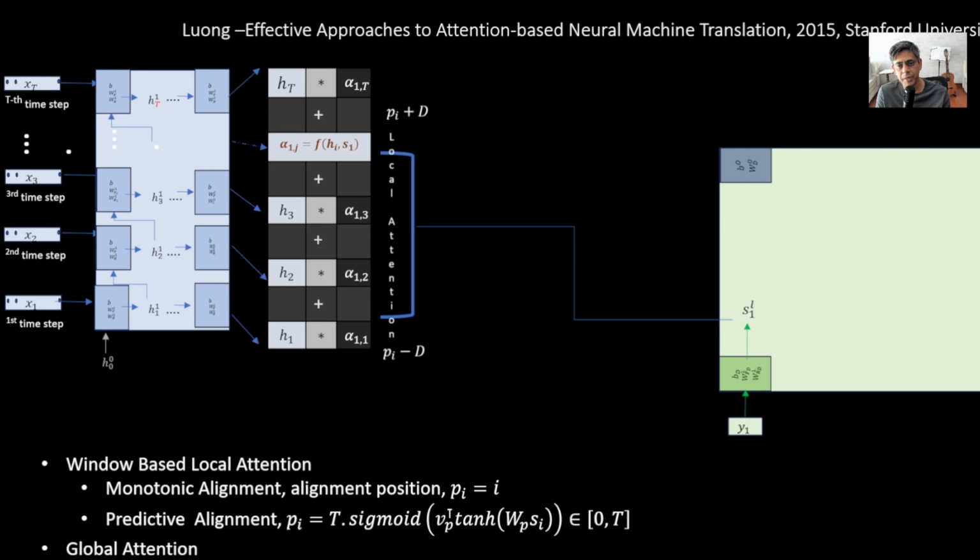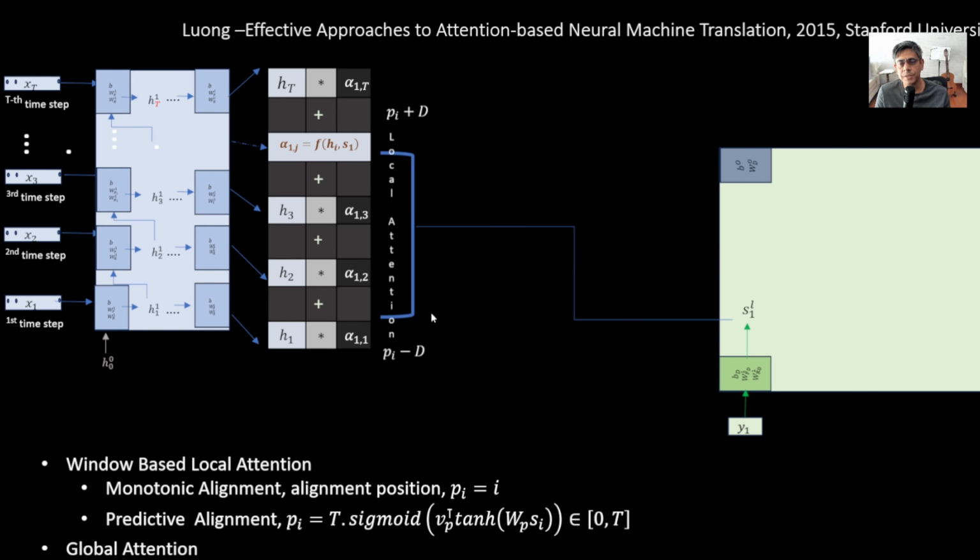Most relevant will possibly be a neighborhood of the current word. So the current word is the position pi at the ith time step. Consider that as the middle point, and then you define a hyperparameter D, which is the distance from this, going towards the top and the bottom, or right and left, giving us a window size. The attention will be done only on that window itself. This is what is called local attention.